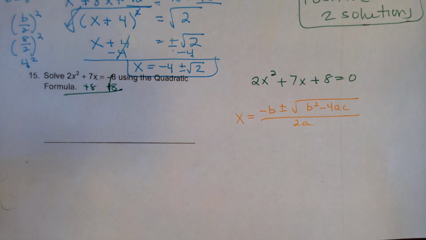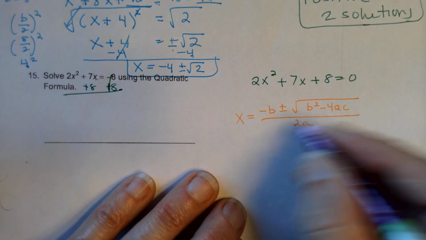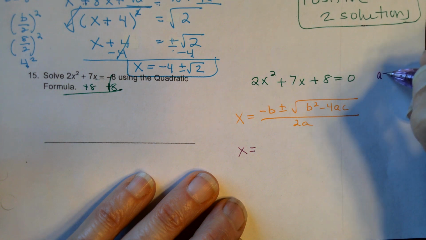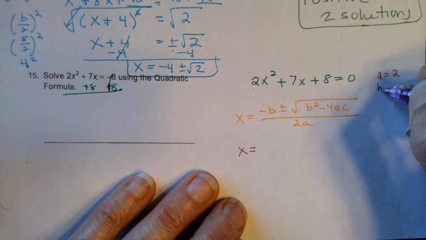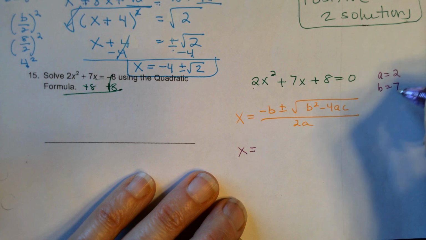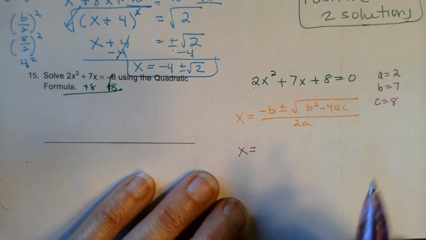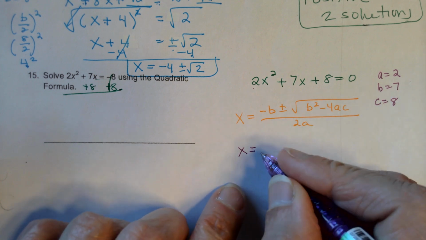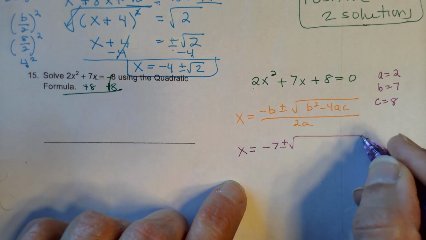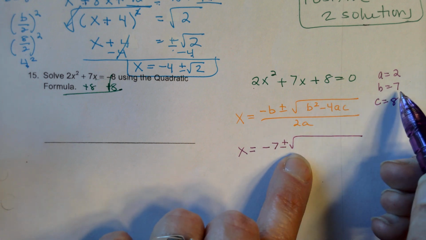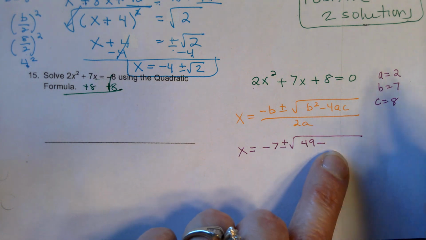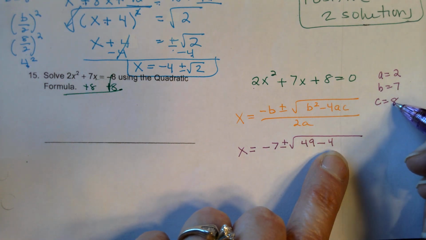All right. Uh-oh, battery saver is on. This will just kill me if I do not finish this. Okay. X equals, oh, I didn't put my a, b, and c. A is 2. B is 7. And c is 8. Now we plug them in. So the opposite of b. So I look over here and go opposite of b. That's a negative 7 plus or minus b squared. So 7 squared is 49 minus 4ac.